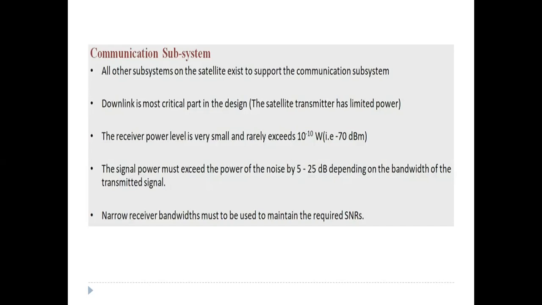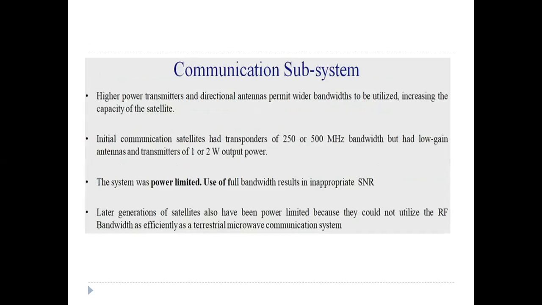Early communication satellites were fitted with transponders of 250 or 500 MHz bandwidth but had low gain antennas and transmitters of 1 or 2 watts output power. The earth station receiver could not achieve an adequate signal to noise ratio when the full bandwidth was used, with the result that the system was power limited.